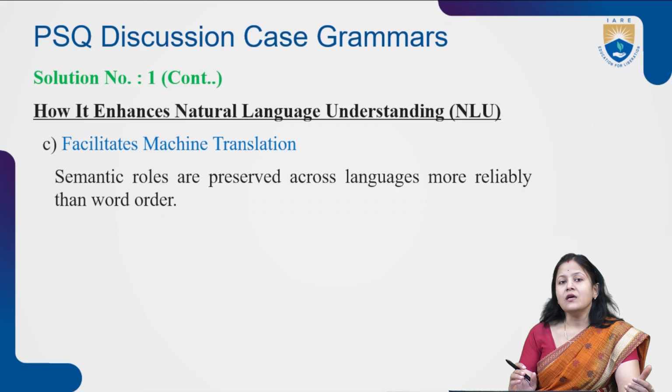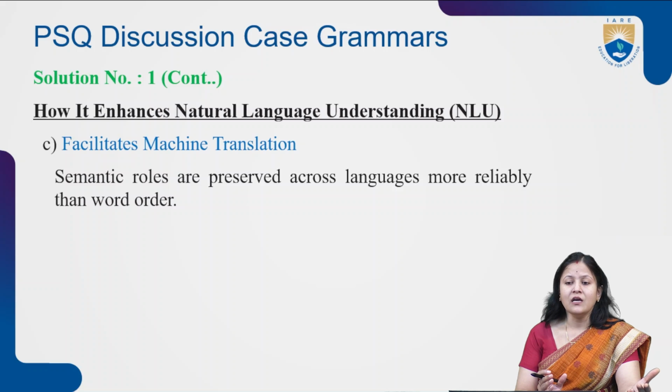And the third one is it facilitates machine translation. That means the semantic roles. The meaning of semantic here is the exact meaning of each word. We know Ravi. What is the meaning? It is the name of a boy or a student or a person. But somewhere Ravi can be considered as an agent. Somewhere Ravi can be considered as an experiencer if he is experiencing something. Sometimes Ravi may be considered as a dative.